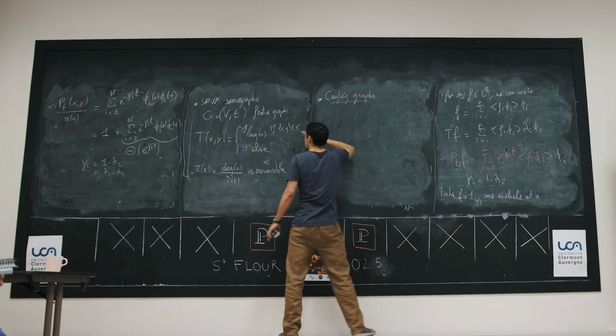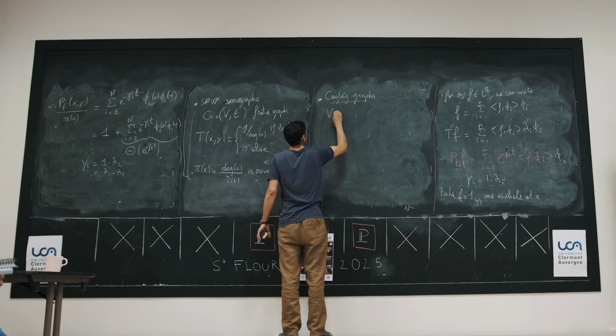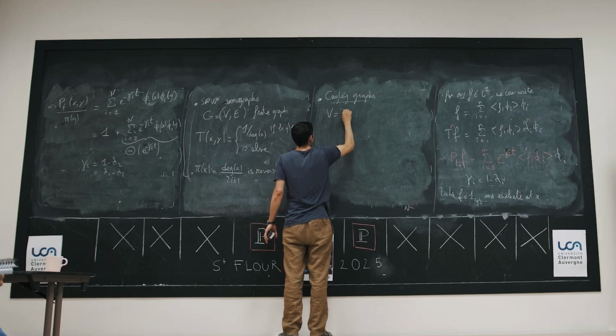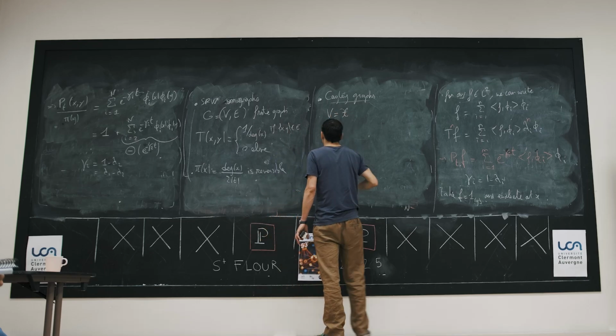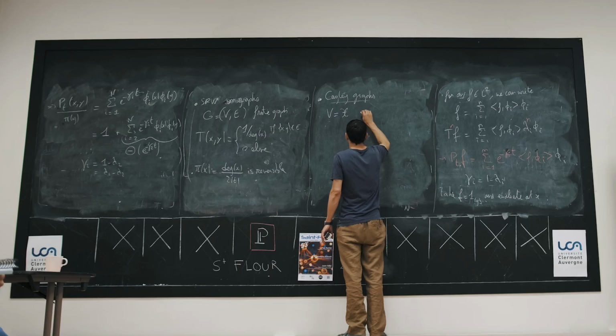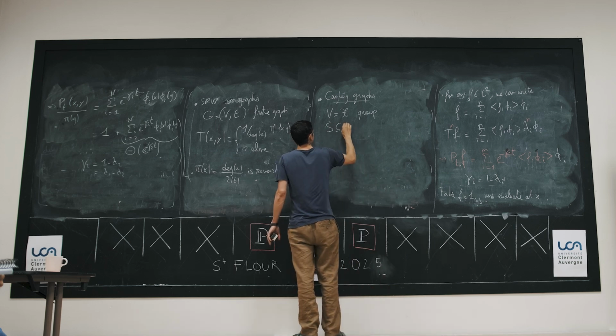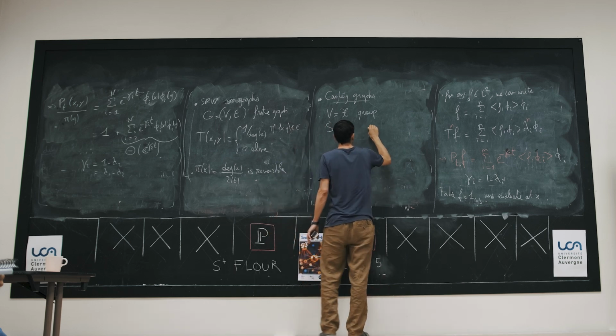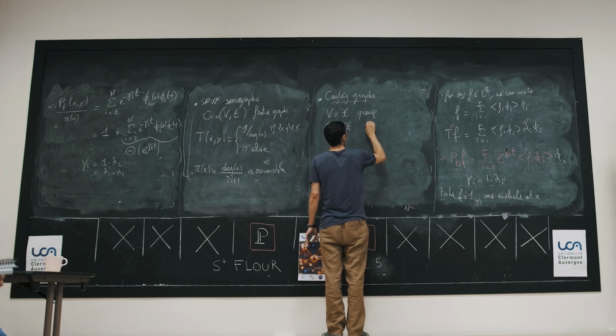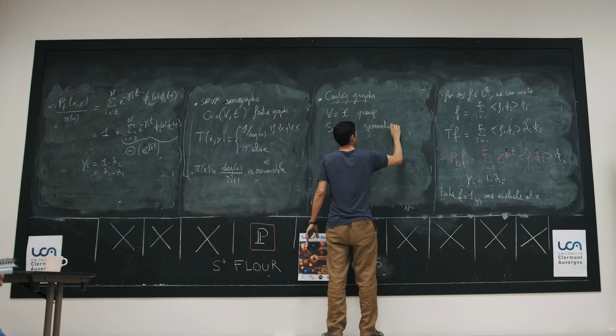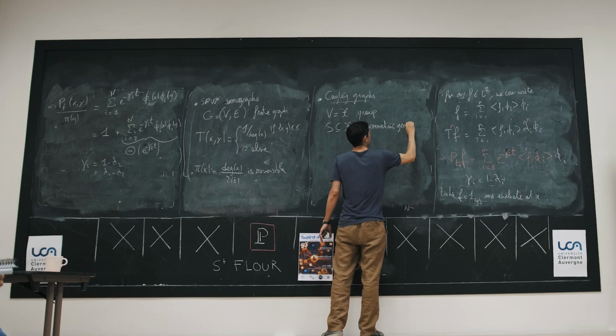A Cayley graph is the special case of this, where the graph has to be connected. Right, take a connected graph, yes. So take a finite group X and let S be any set that generates the group, a generating set.